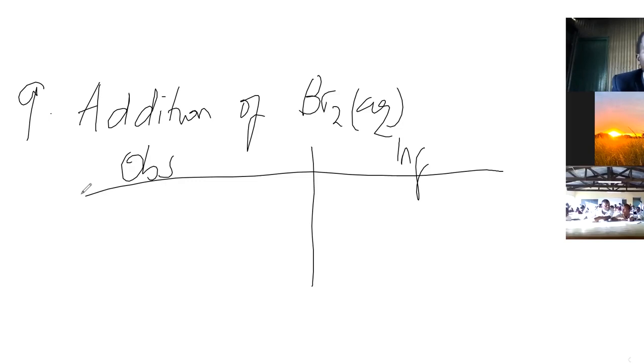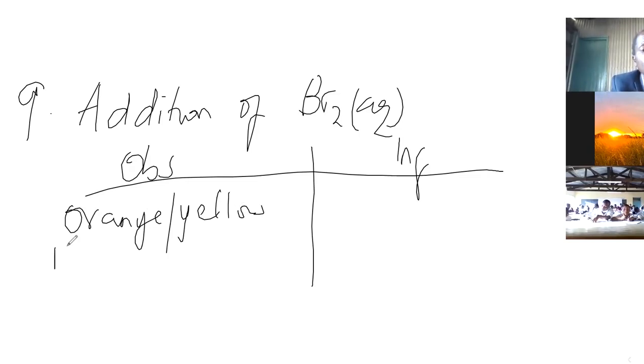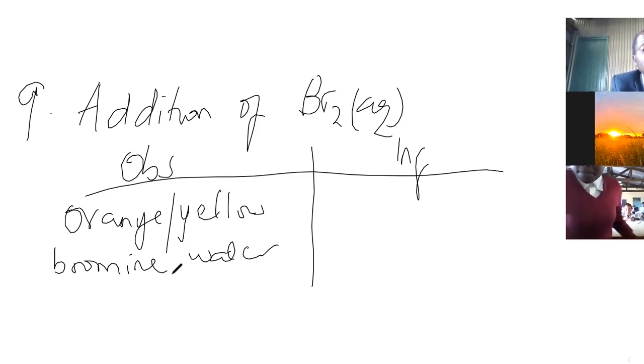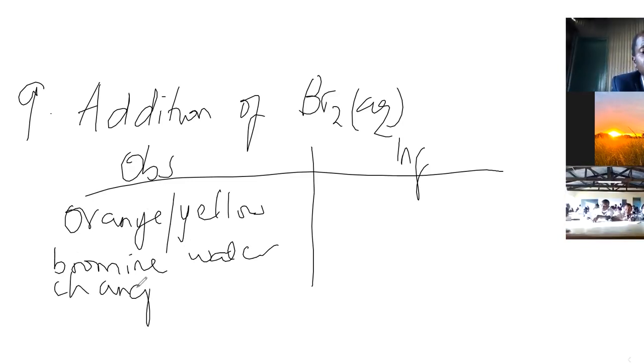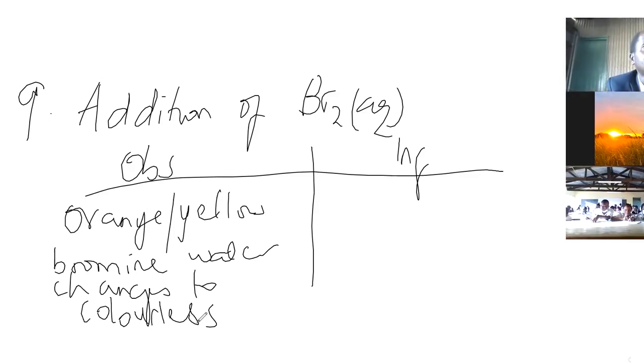So the observation is that orange or yellow bromine water changes to colorless, or is decolorized.